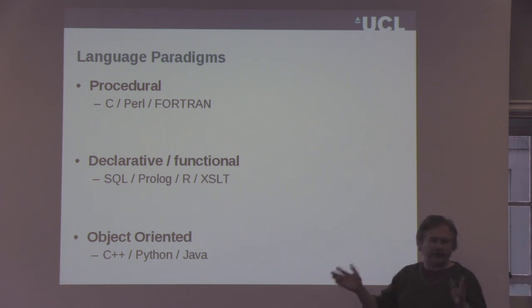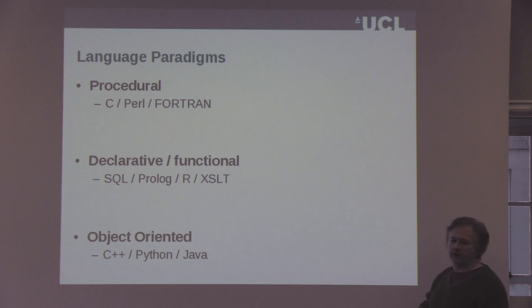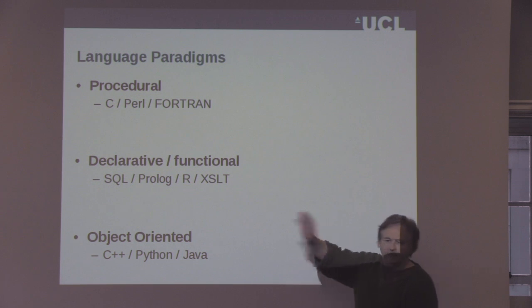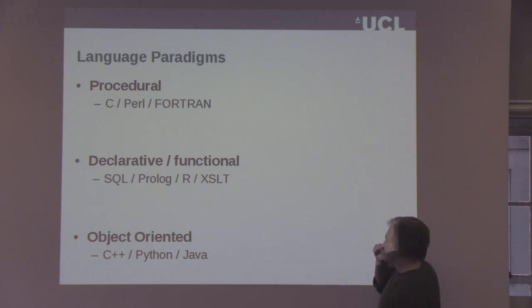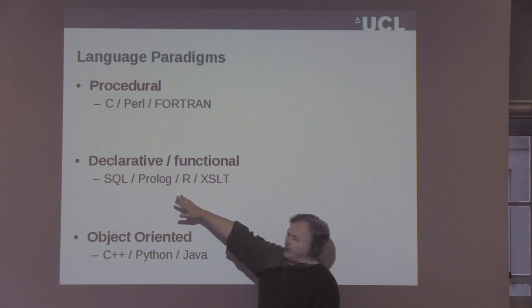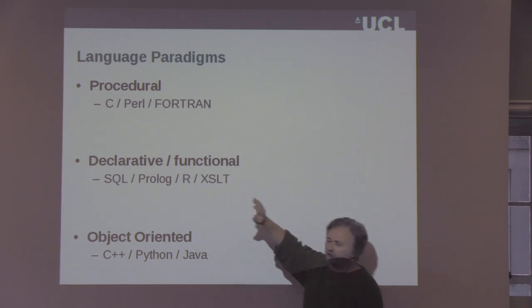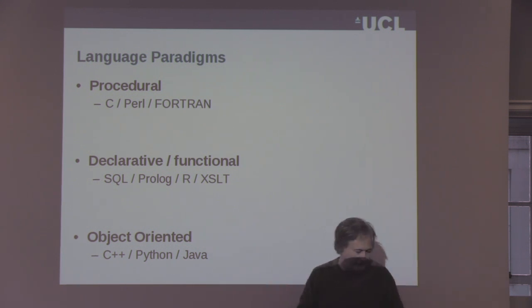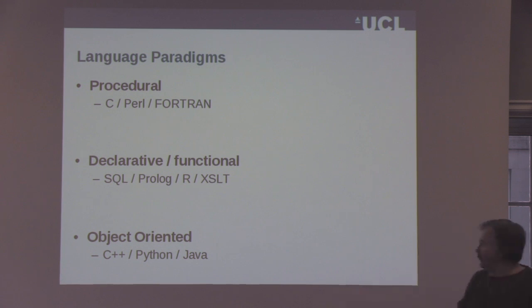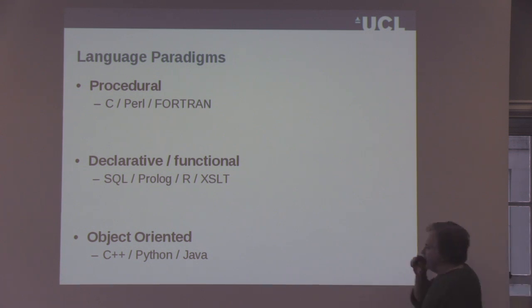So SQL, the database query language, you say something like select name from students where age greater than 30, or something like that. And you don't actually worry about how it does it internally. Prolog's an artificial intelligence language, R is a statistics language, XSLT is a language for transforming data files.